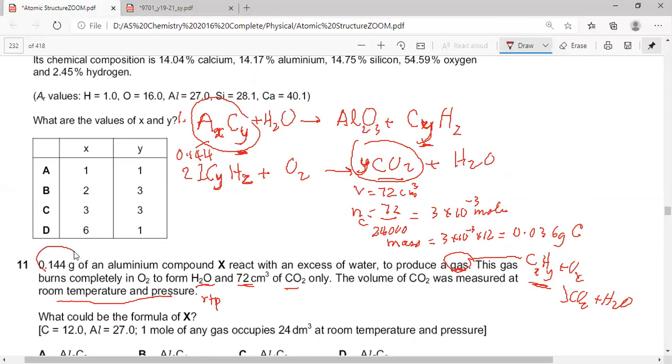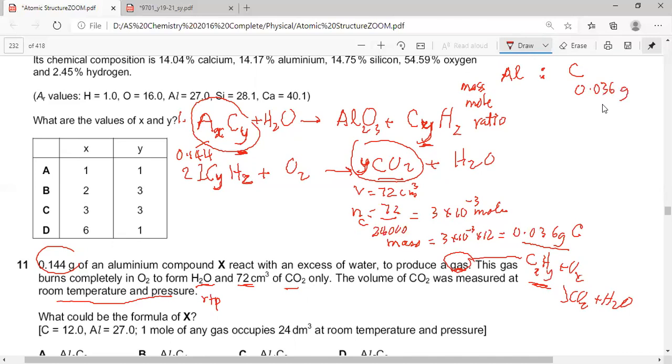See? So if carbon is 0.036, how many grams of it is aluminum? See now, now I'm getting it. Ratio, carbon. So mass, moles, ratio now. So your mass in grams here, carbon is 0.036 grams.